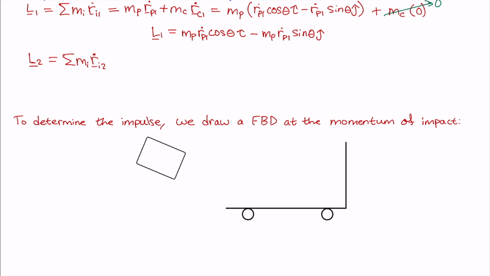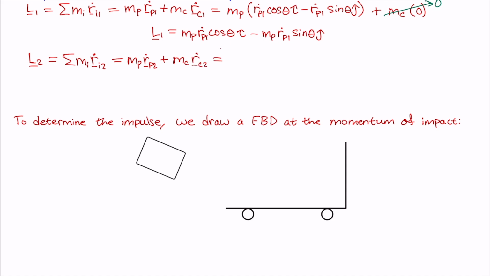Okay, so we can expand this out, and we're going to get that this is equal to mp rp2 dot plus mc rc2 dot.